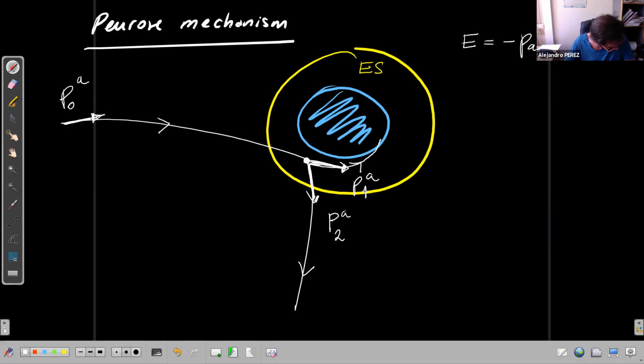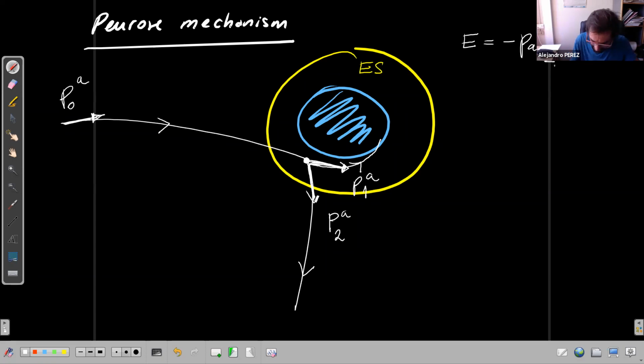It's quite easy. You just have to kick the particle in the direction of the Killing field. And so the inner product between P1A and psi will be positive, and the energy defined by this expression would be negative.